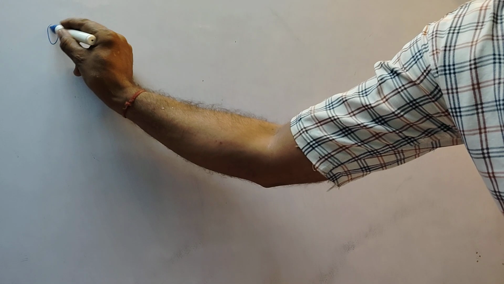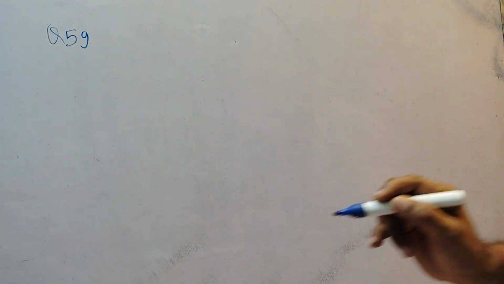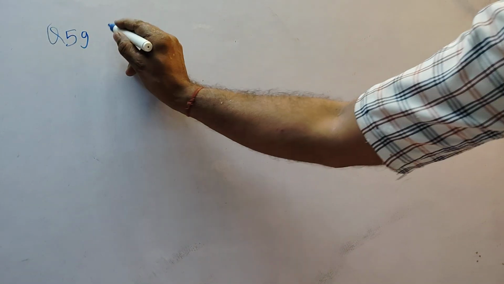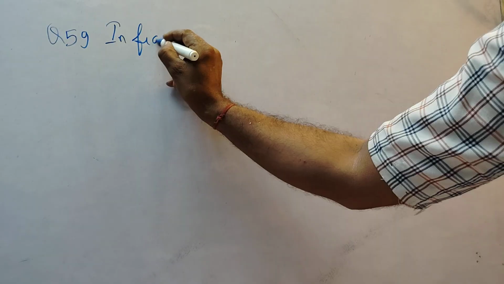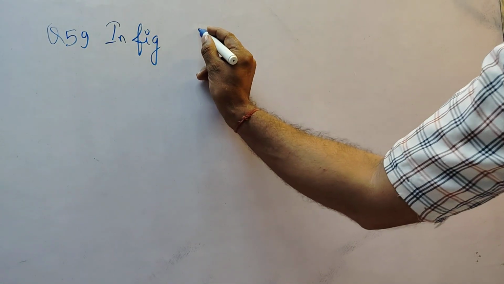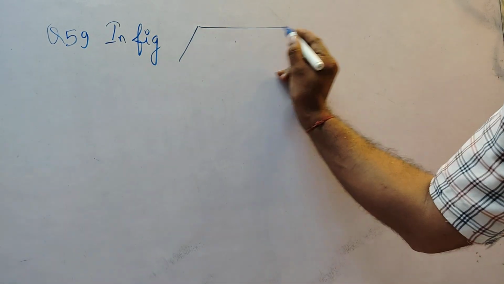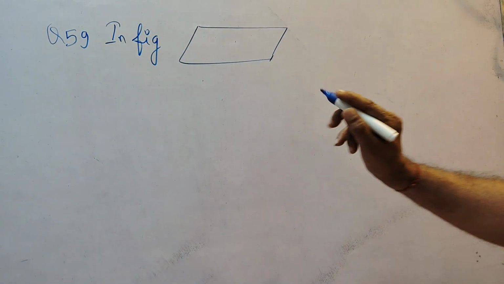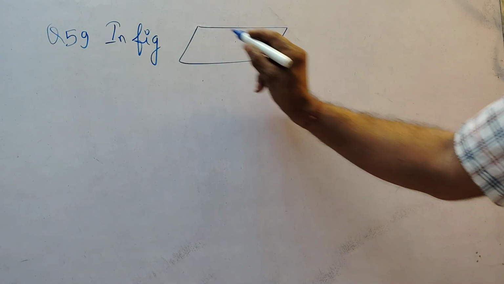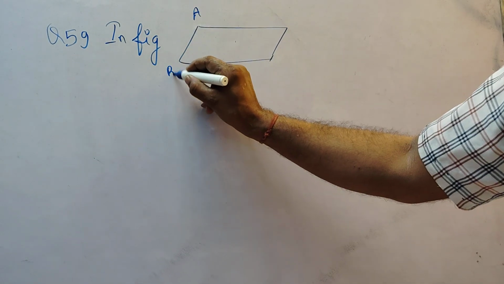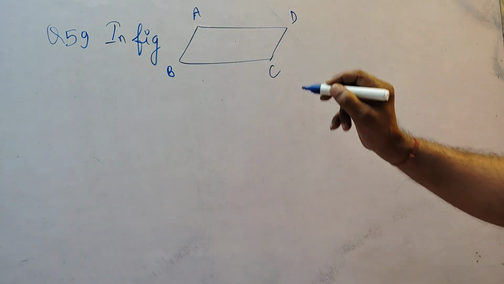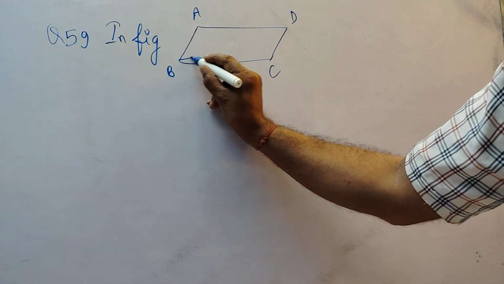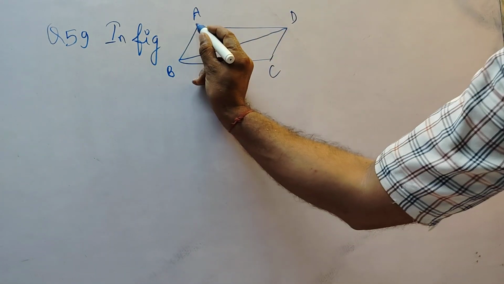Question number 59. You left this question. So in the figure, there is a parallelogram, and ABCD is the name of the figure. E is in the middle of the figure.